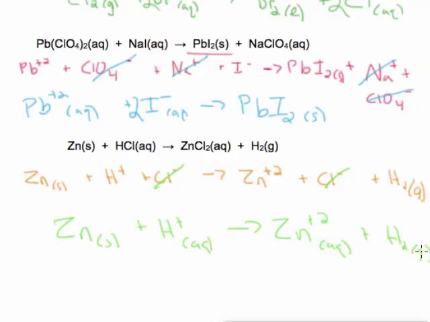And you can see the number of electrons even balances out because matter is conserved. The zinc goes from 0 to +2, which means it loses 2 electrons. And then we have 2 hydrogen ions right here that are going from +1 to 0, which means each is gaining 1, so gaining 2 total electrons.